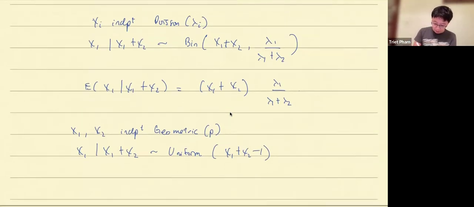And so the expectation of x1 conditioned on x1 plus x2 in this case will be the expectation of the discrete uniform.